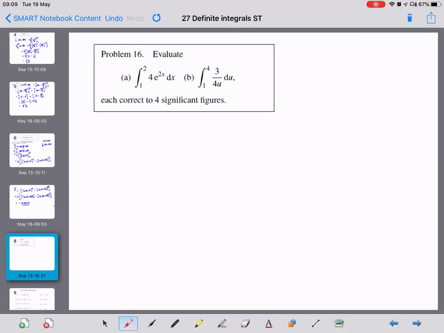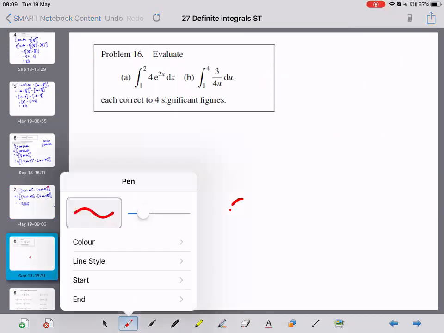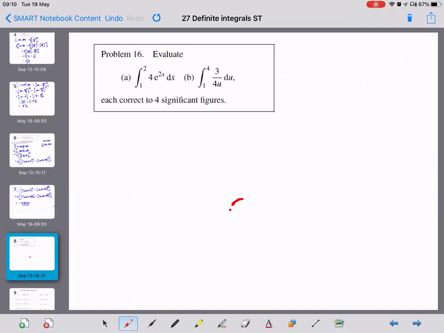So first thing we can do, as always, is take a constant 4 outside the integral. And then we're going to integrate e to the power of 2x dx.